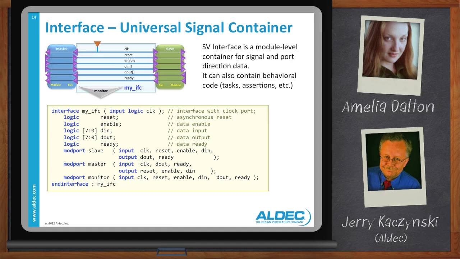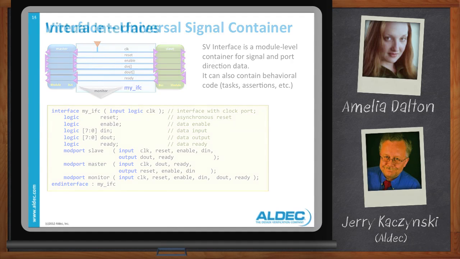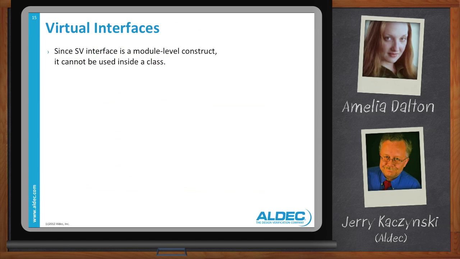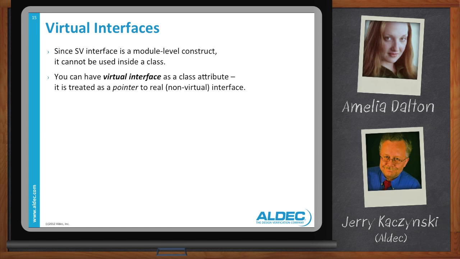Very good question. It's actually one of the most critical parts for understanding of UVM. As we have mentioned in previous slide, SV interface is a module level construct and it cannot be used inside class, which is programmatic construct. But you can have virtual interface as a class attribute.